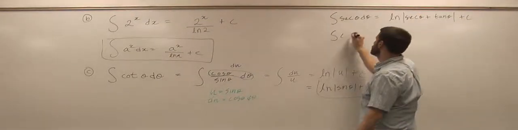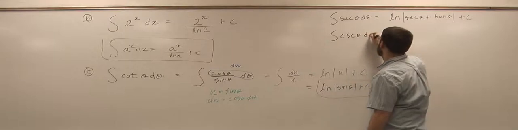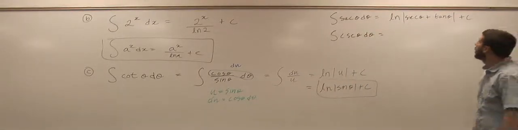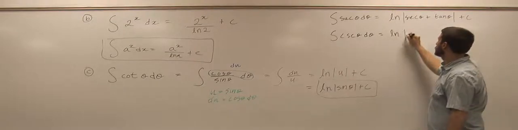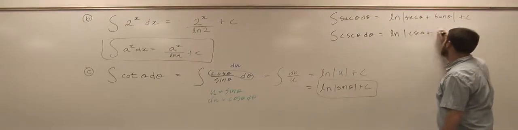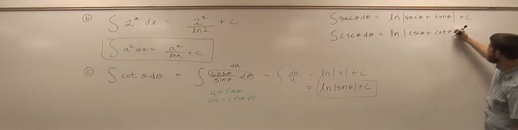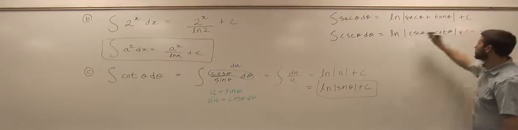And the integral of cosecant is equal to the natural log of cosecant plus cotangent. Oops, there's a negative on this one.